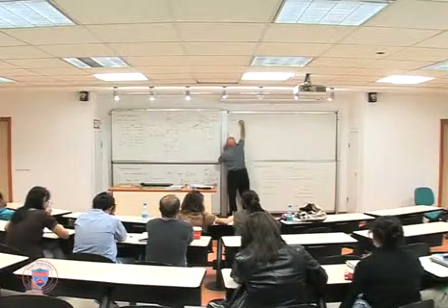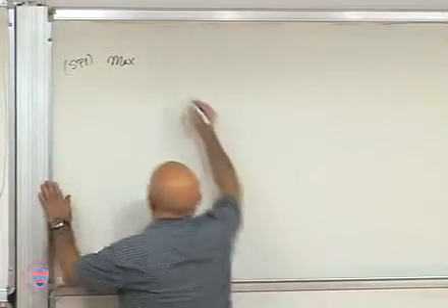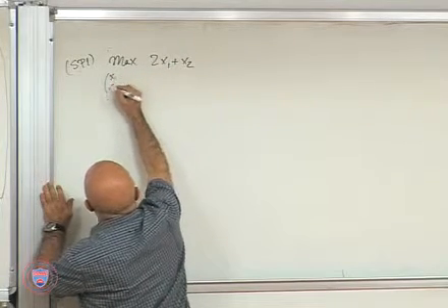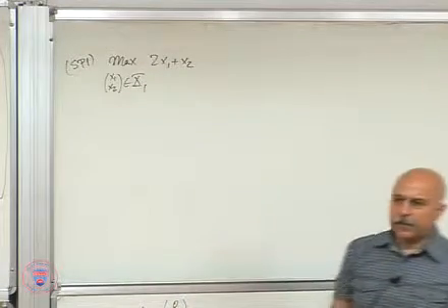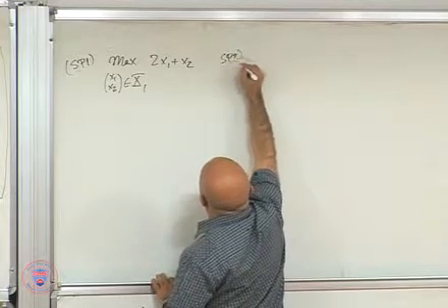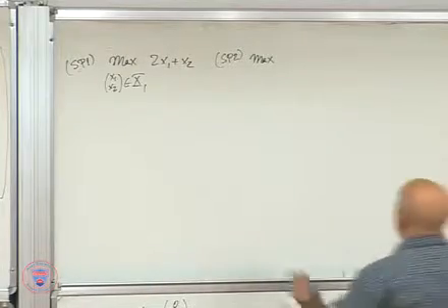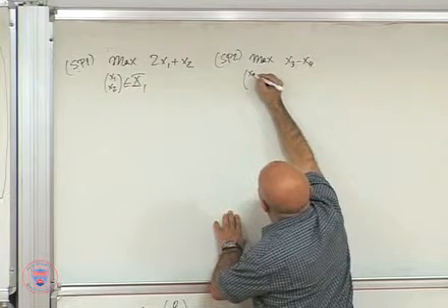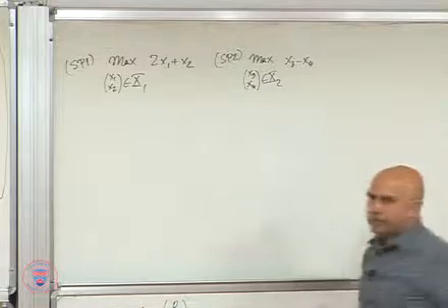You're simply maximizing 2x1 plus x2, where x1 and x2 are taken from the first feasible set, capital X1. And in the second subproblem, you're maximizing x3 minus x4, where the two variables come from X2.